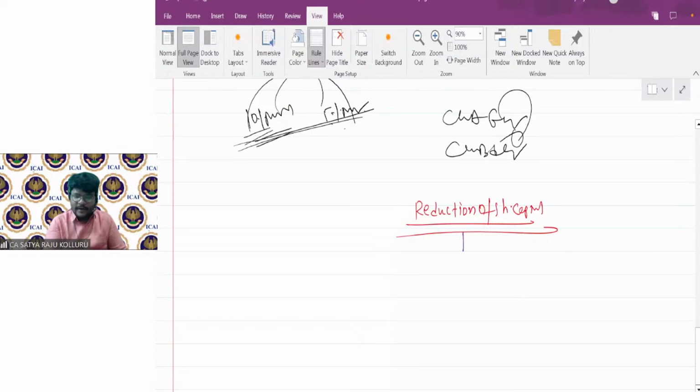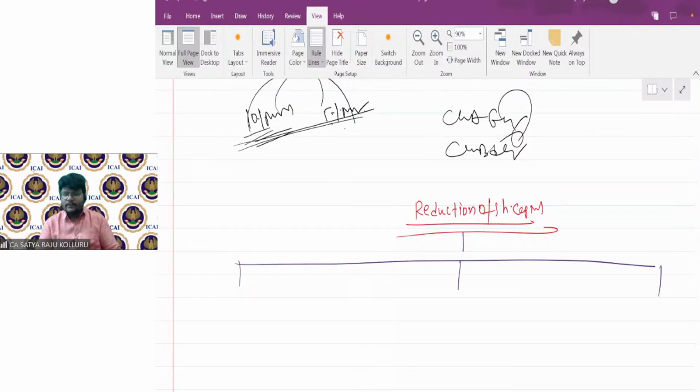So reduction of share capital may happen in generally three forms.